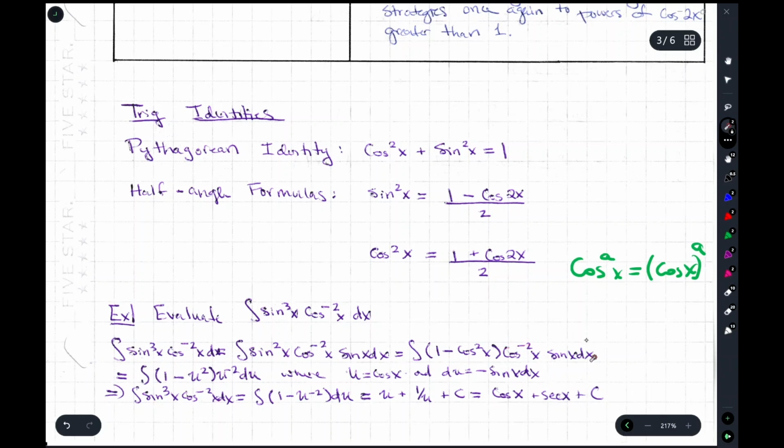Use u substitution with u equals cosine x, and so du is minus sine x dx. The cosine to the power minus 2 becomes u to the minus 2. The du will sweep up the sine x dx there, and we'll also have cosine squared is u squared.